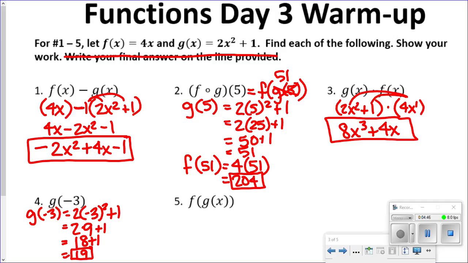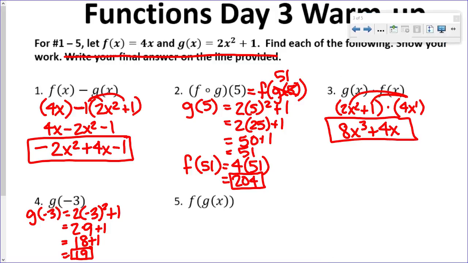Okay. Now on this last one, number 5, this is where we're doing a composition like we did on number 2, but we don't have a number to plug in for x. So what this says is that I'm going to plug in the function g of x into the f function. I'm going to put it over here so I have more room.